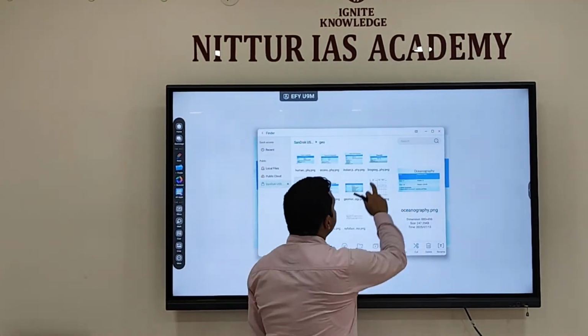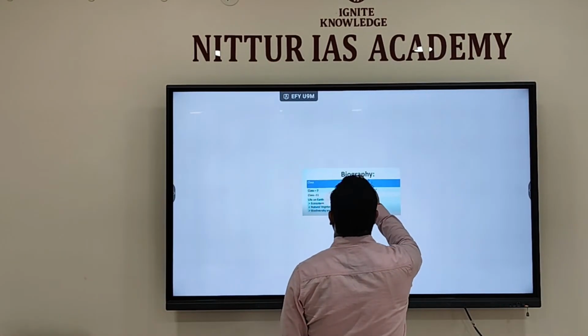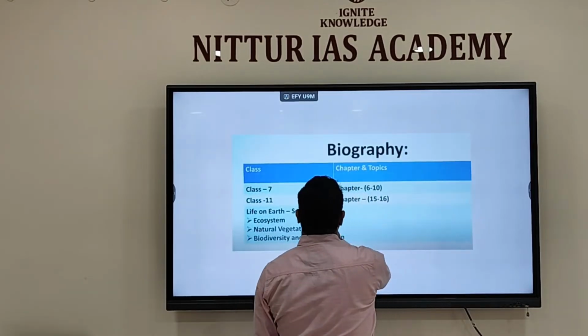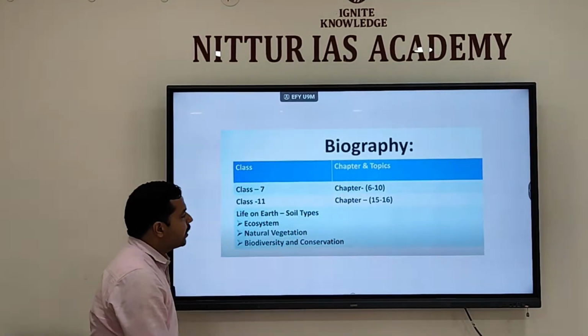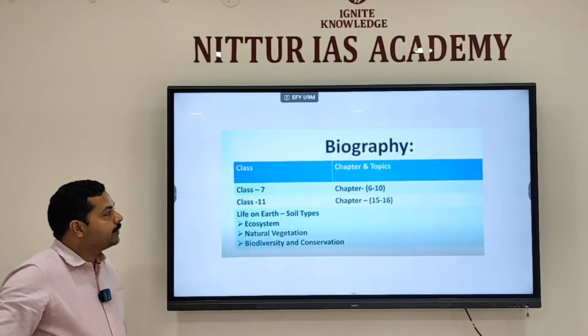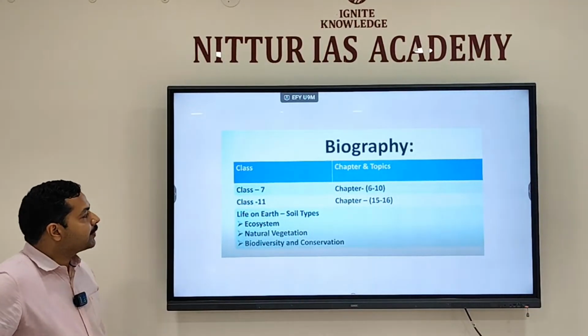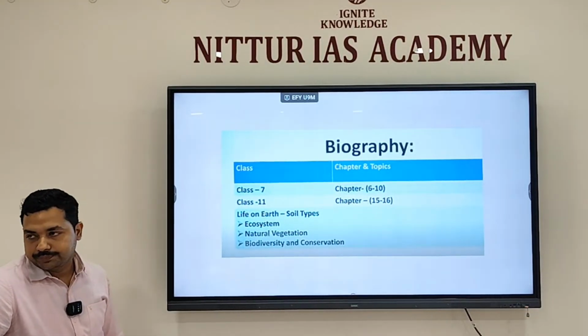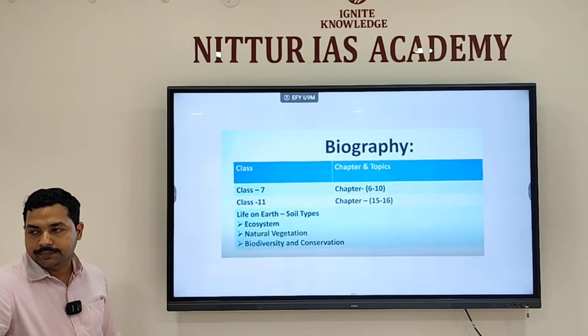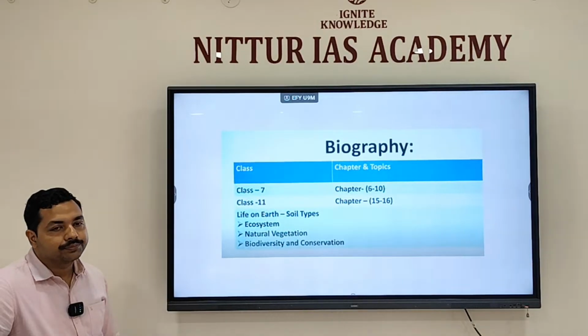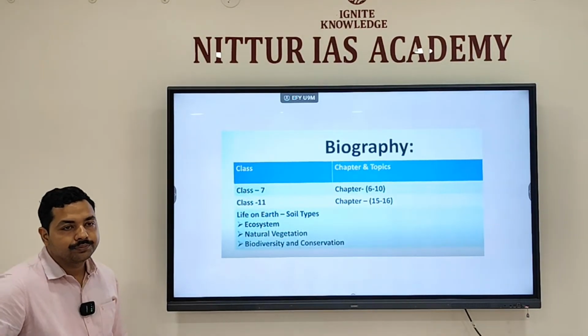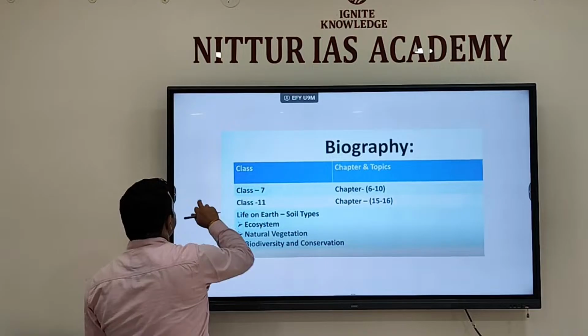Then for biogeography, cover these: chapter 6 and 10 of class 7th and chapter 15 and 16 of class 11th. Biogeography, you cover these chapters. Clear?